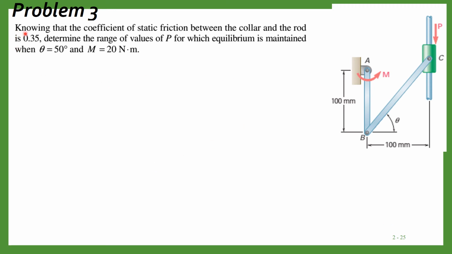The problem is: knowing that the coefficient of static friction between the collar, so this is the collar C, and the rod is 0.35, determine the range of values of P. So this is the applied force P. We have to find the range of values of P for which equilibrium is maintained when this angle theta is equal to 50 degrees and M, this applied couple, is 20 Newton meter. So now let us solve this problem.